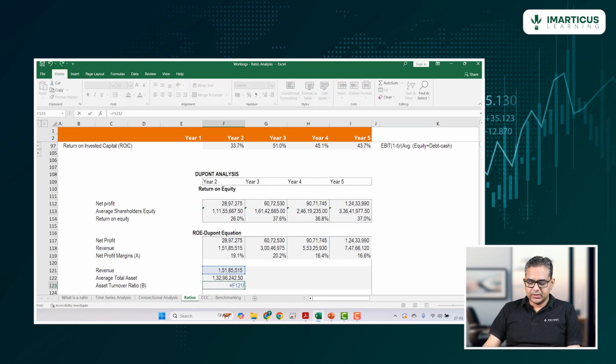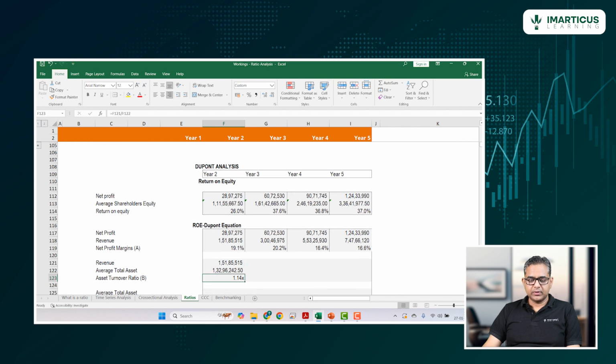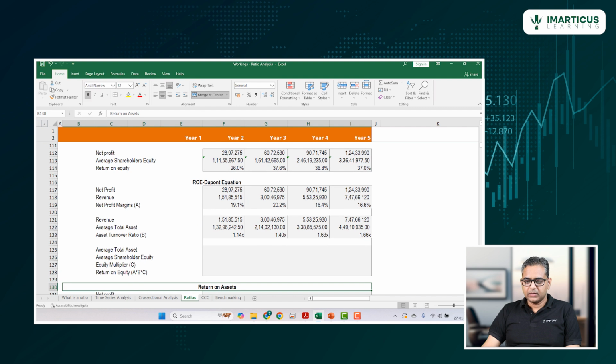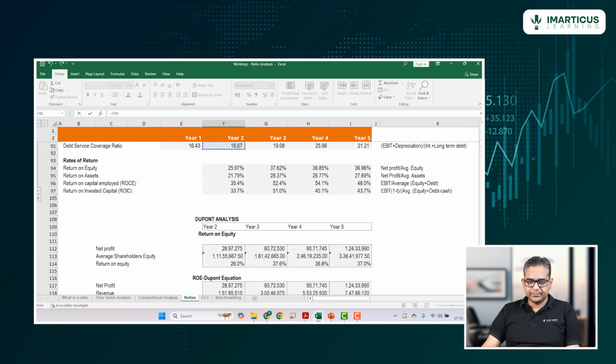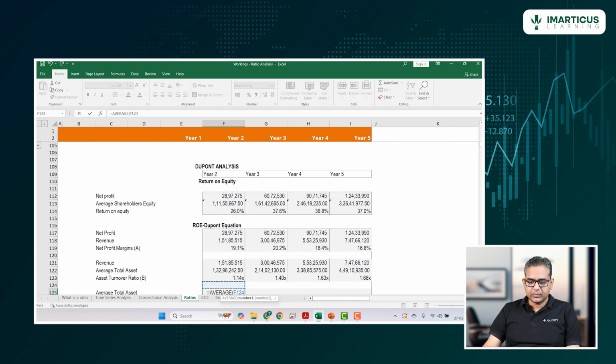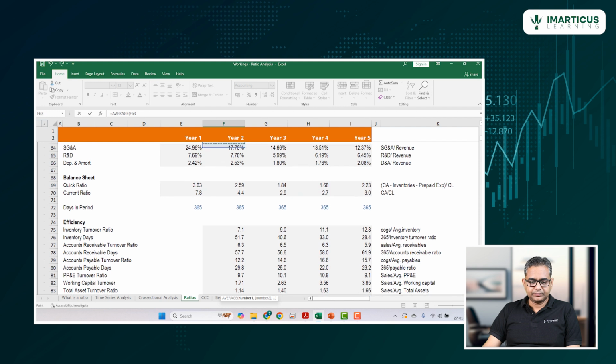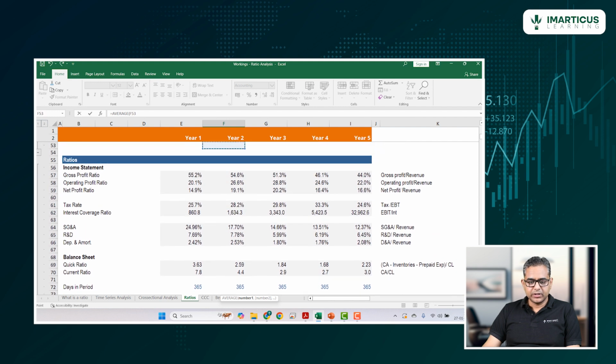So this will give us asset turnover ratio. Lastly, we have equity multiplier, which is average total assets upon average shareholders' equity.